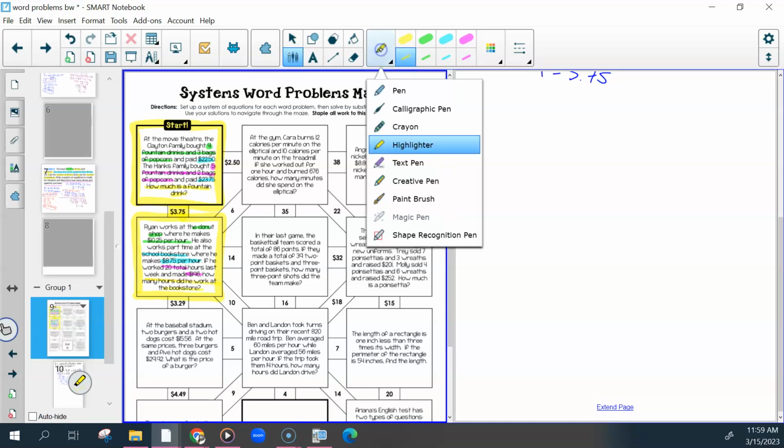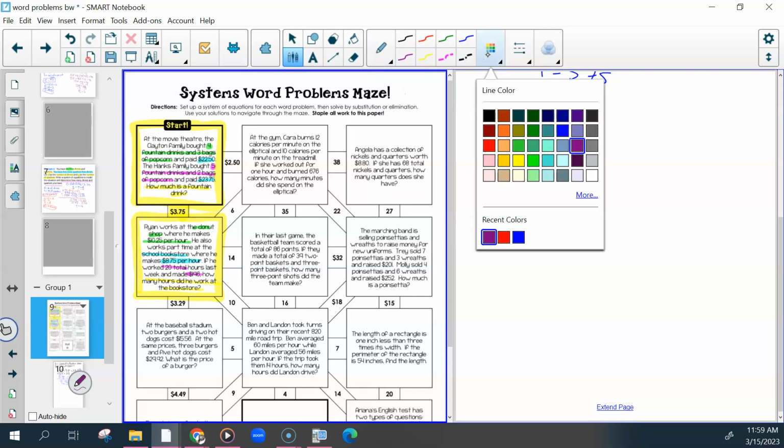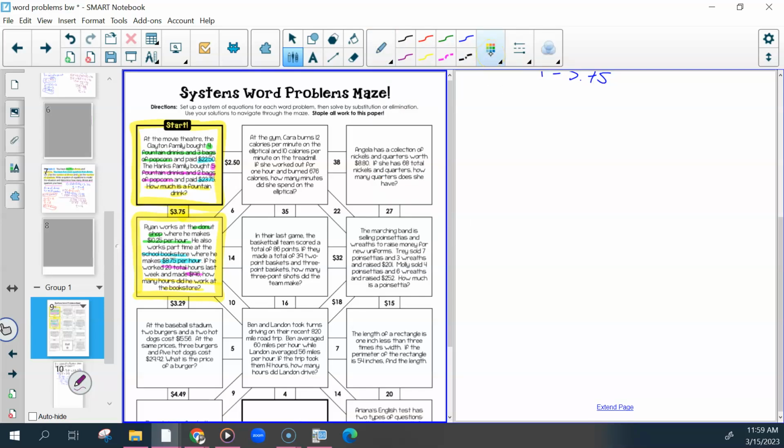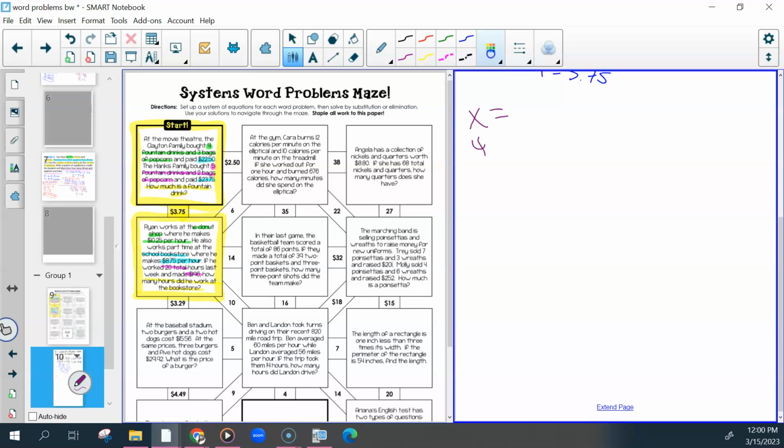So let's define our variables and then set up our equations. So what do we want to call these two variables? Give me 2 letters, whatever you want. So then x in this case would be what?